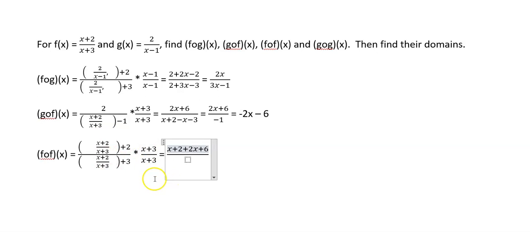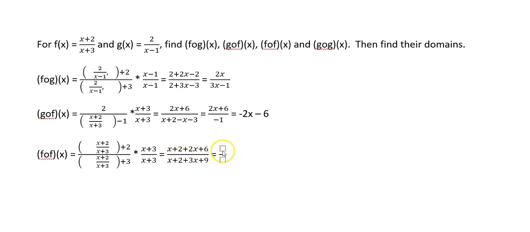Now let's do the same thing on the bottom. X plus 3 times the fraction will cancel with the bottom of the fraction, so we'll just get x plus 2. But now we have to multiply the x plus 3 times that 3, which will be 3x plus 9. And now let's clean up the top and the bottom.